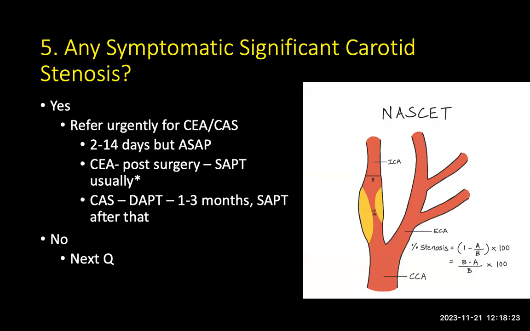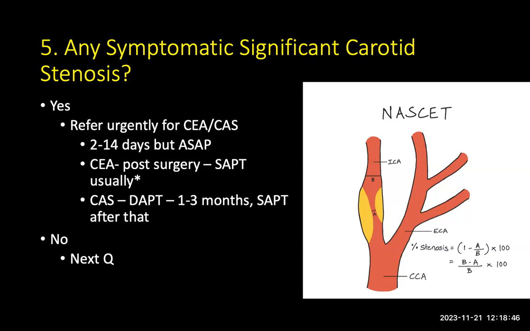So say he has right arm and leg weakness or language dysfunction, so that localizes to the left hemisphere. Or if he has a right hemispheric stroke, so he had left-sided weakness or some right hemispheric symptoms, and has an ipsilateral significant stenosis. So significant is more than 50%.